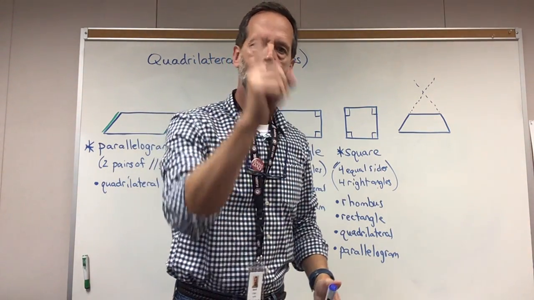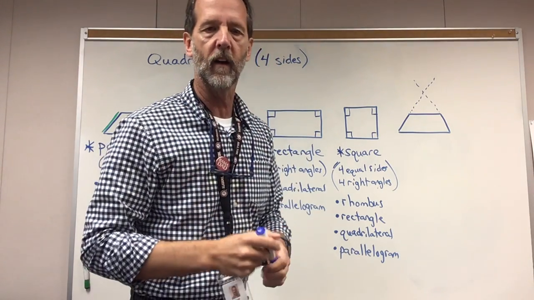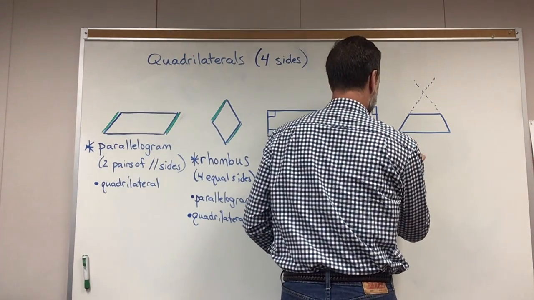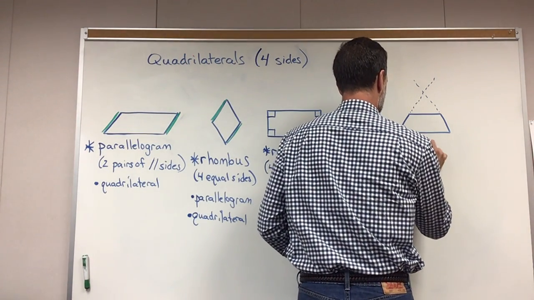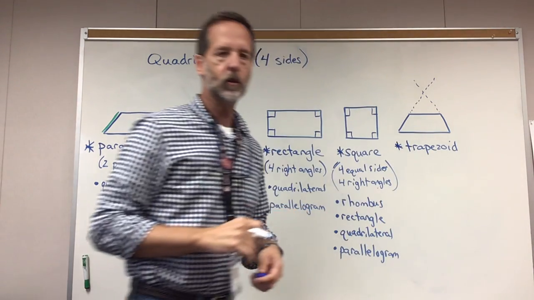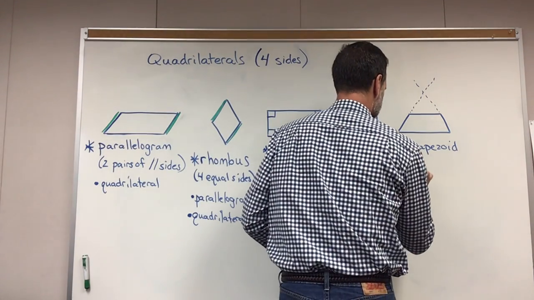This has 1 pair of parallel sides. And when it has only 1 pair of parallel sides, we call that a trapezoid. That is a trapezoid. Okay? 1 pair of parallel sides.